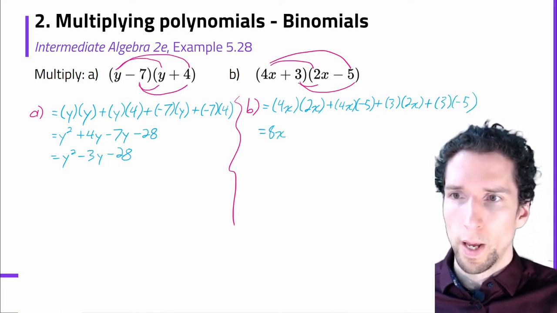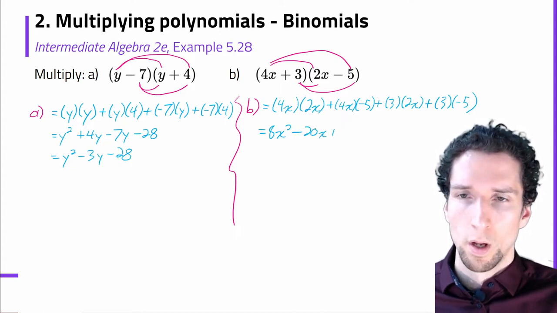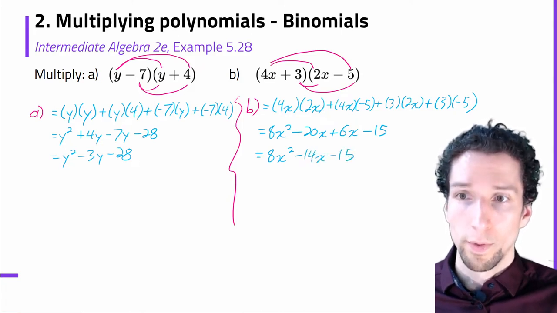So that's 8x squared, not plus, minus 20x plus 6x minus 15. Okay, and simplifying, 8x squared minus 14x minus 15.